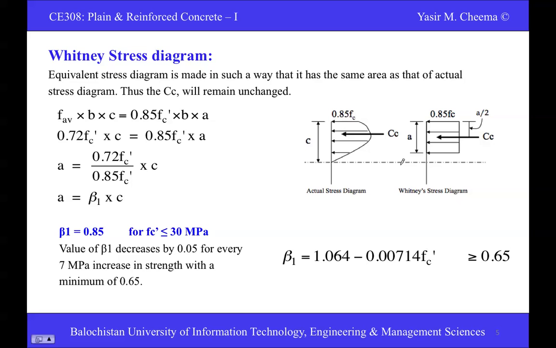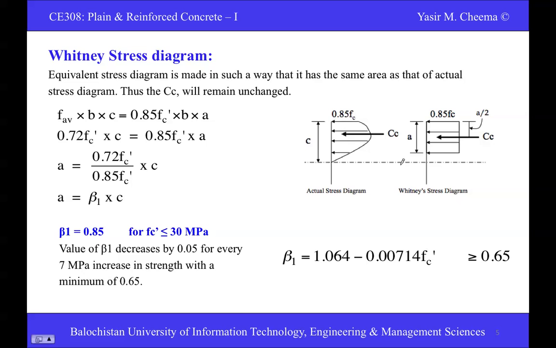In this stress diagram, the lower tension part of the beam is cracked, and the upper compression part of the concrete has just reached the crushing strength, so that is 0.85 f'c. The compression part is no more in the elastic region, and the tension part has already cracked. So in that case it comes to be 0.85 f'c prime, and this is parabolic.